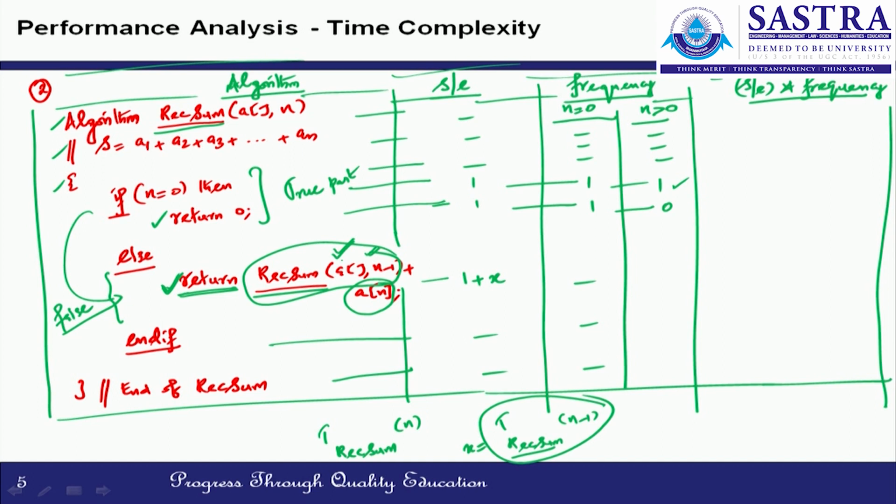So for the frequency of this return statement, you have to think how many times this return is executed in the main algorithm, that means the main function call. As sequential execution takes place, this return is executed one time. So, when n is greater than 0, the frequency of this return statement is 1.